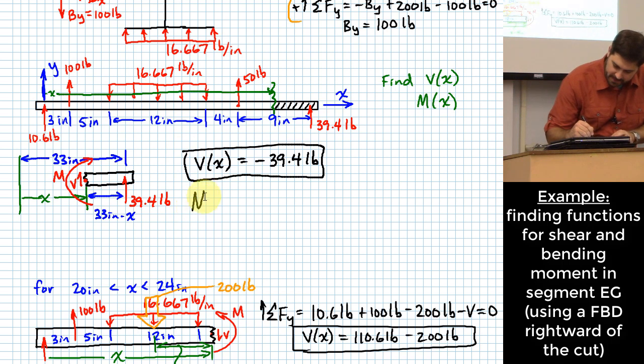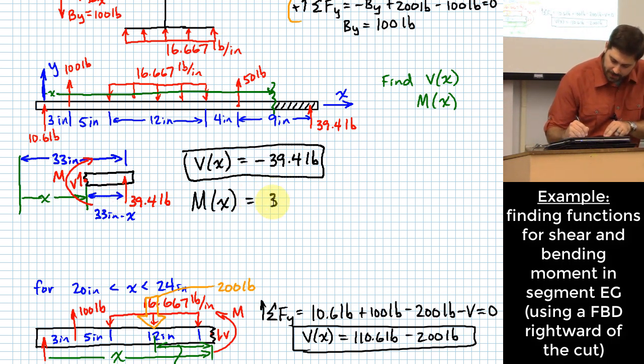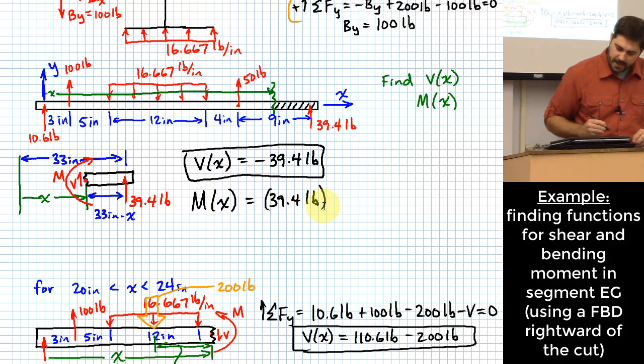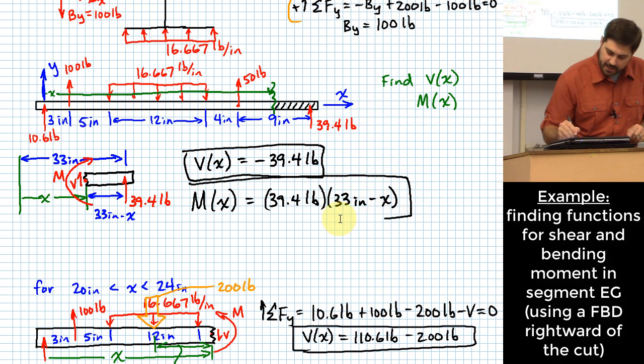What about M of x? Okay, M is going the correct direction, and so we'll have 39.4 pounds times 33 inches minus x.